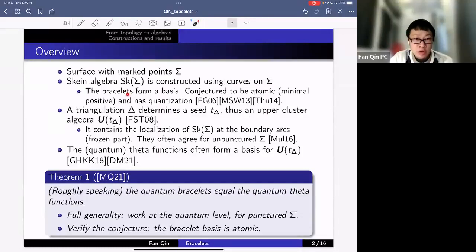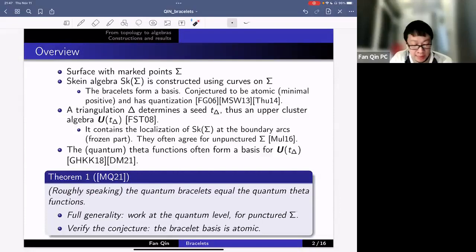And then there are some special curves called bracelets, and they give rise to a basis. Conjecturally, they are atomic, by which I mean that it is the minimal possible positive basis. And conjecturally, they have quantization. This was due to a series of works by Fock and Goncharov from a more Teichmüller theory point of view, by Musiker, Schiffler, Williams from a topological point of view, and also Thurston.